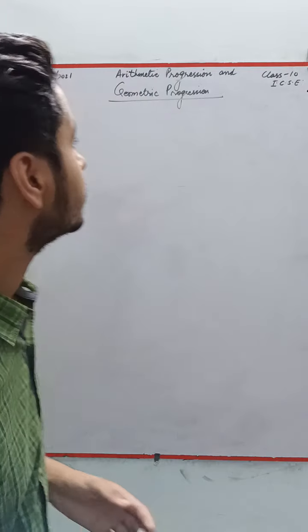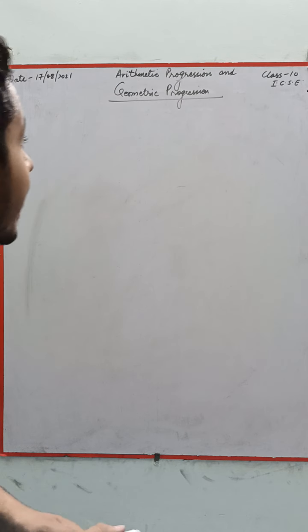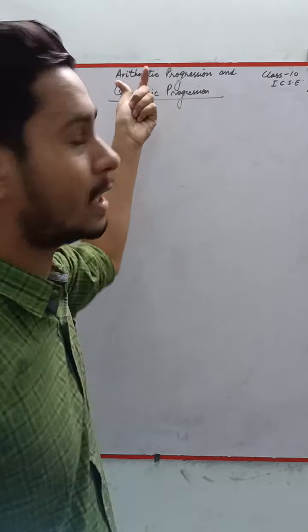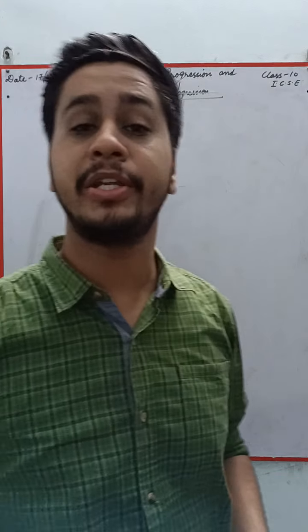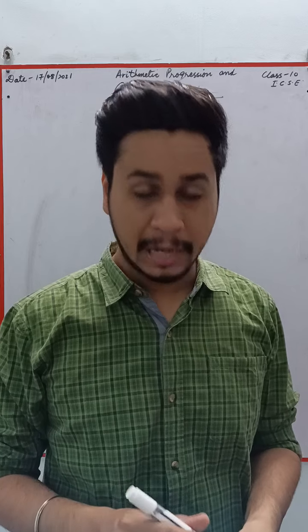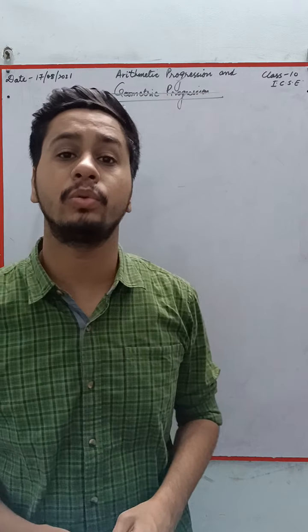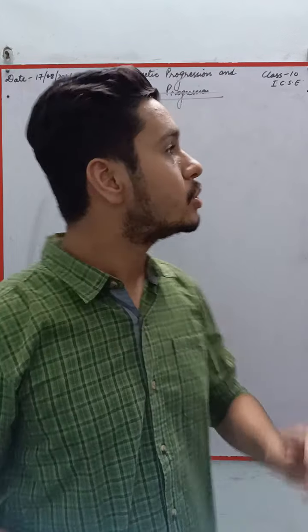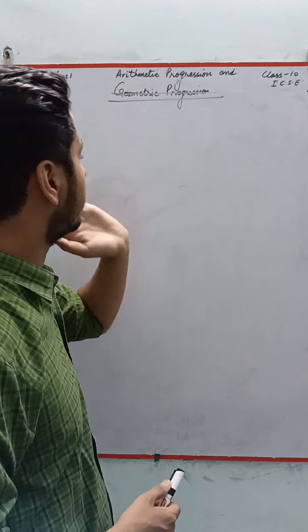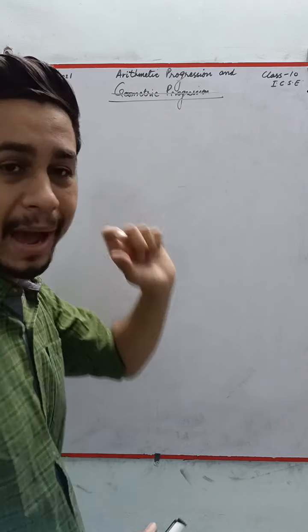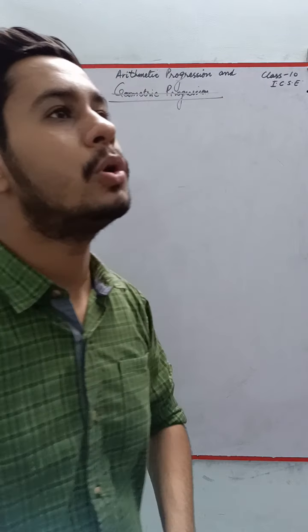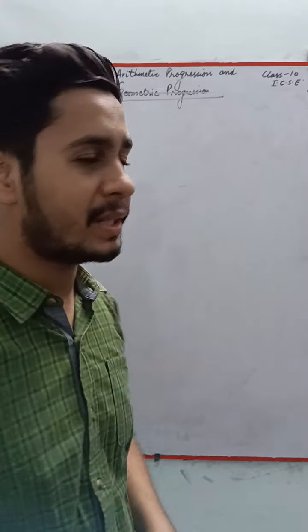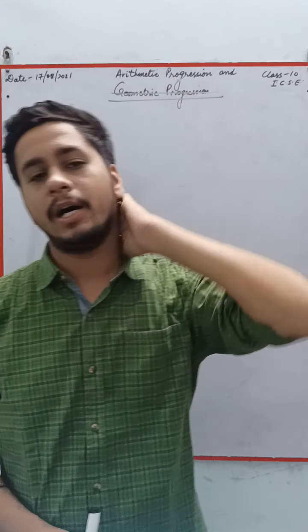But we will be studying only the arithmetic progression and not the geometric progression because it is reduced from the updated syllabus for examination 2022. We will be seeing the arithmetic progression, but still I'll give you some idea about the geometric progression, what it is.